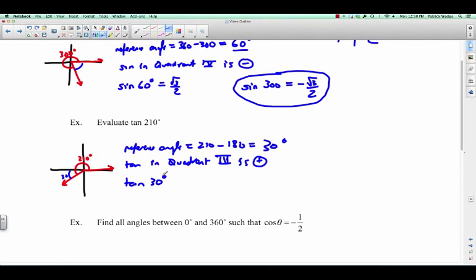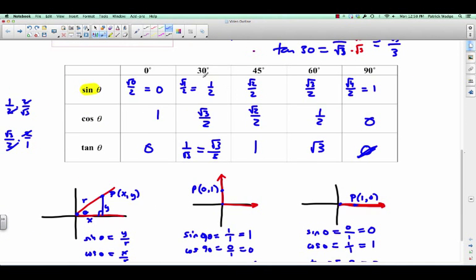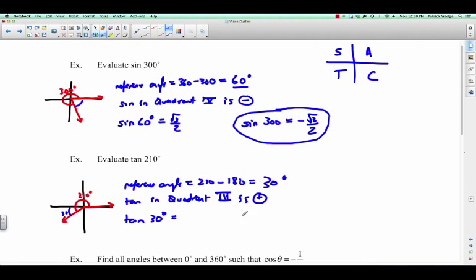What is tan 30 degrees? That's where our table comes into play. We look at the table, and tan 30 is root 3 over 3 or 1 over root 3, but I'll go with root 3 over 3. So now we can say that tan 210 is positive, but I won't even write that, root 3 over 3. There's our answer.